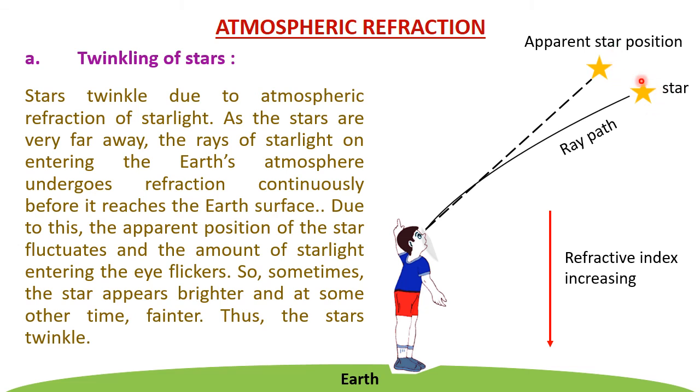This is the actual position, but due to refraction of light, he will see the star somewhere here. So there is a change in position. Because of this change in position, the amount of light coming from the star will sometimes be brighter and sometimes fainter. And because of this reason only, we see the stars twinkling.